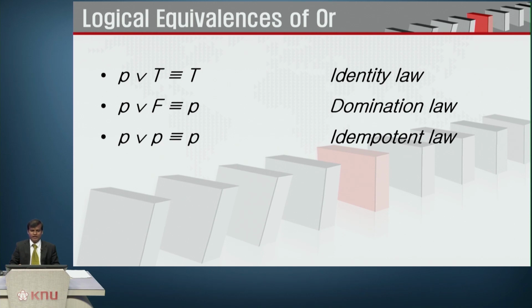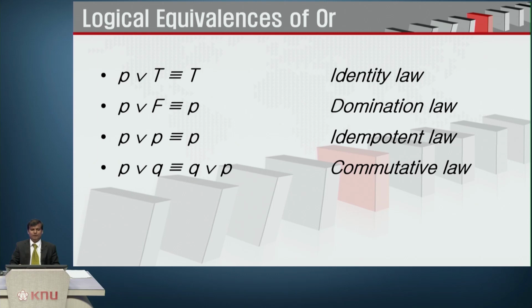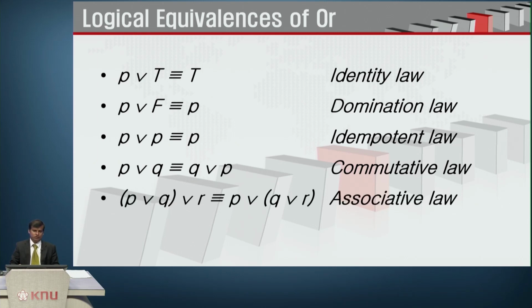P or P, again it's P. P or Q is equal to Q or P, commutative law. And associative law, P or Q or R is similar to P or Q or R. So why don't you try these using truth table and try to prove it, just like the way we did for AND.